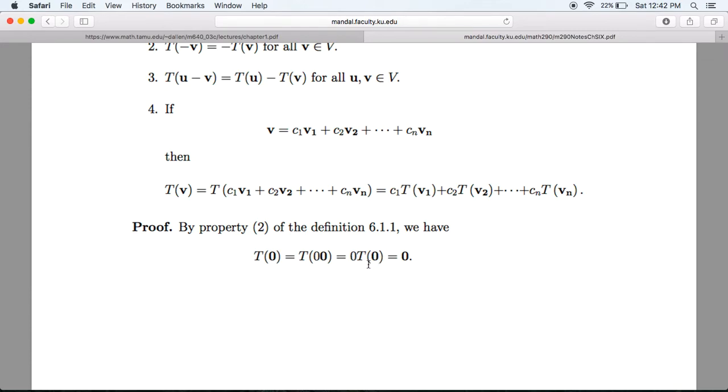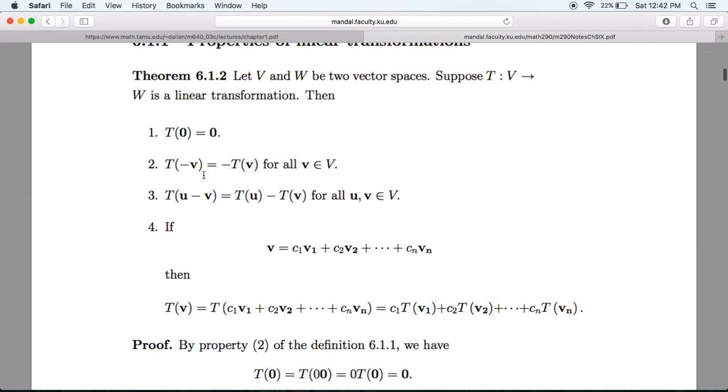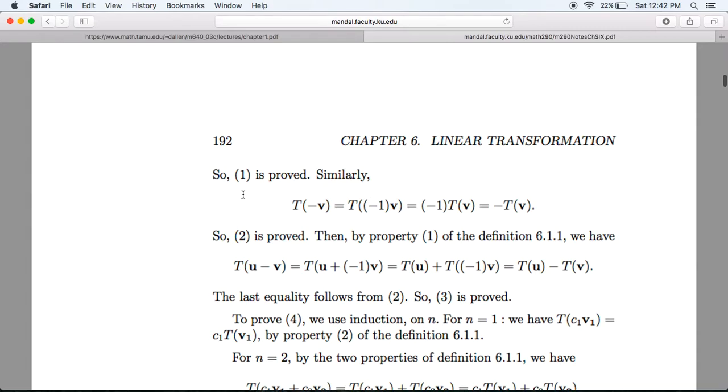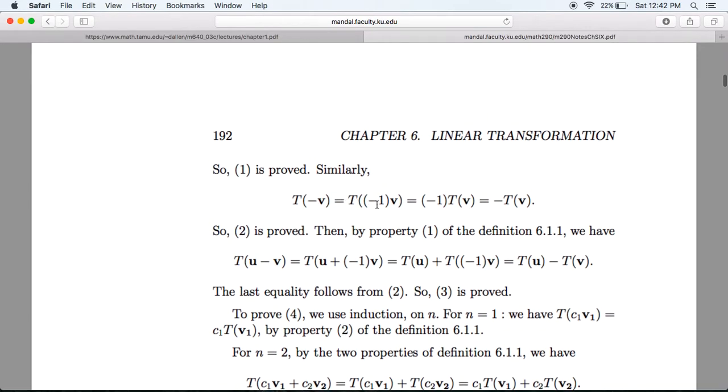And by the property of vector spaces, scalar 0 times any vector gives me the 0 vector. So we see this. Another property is that T of minus v is minus of T of v for all small v in capital V. Again, we can use pulling out of scalars to prove this.